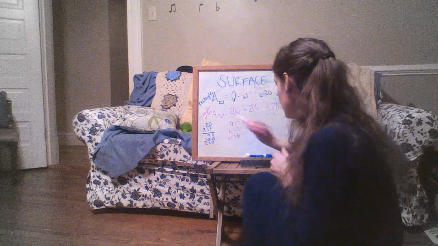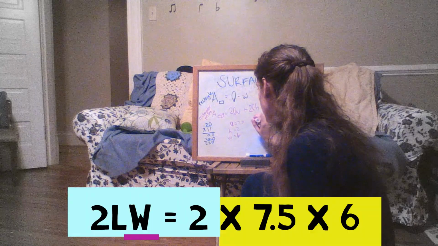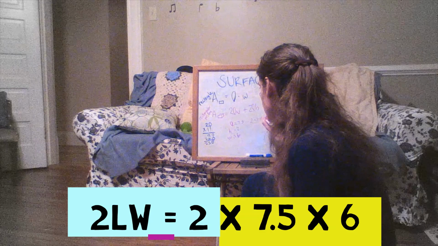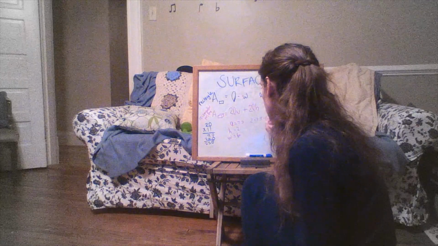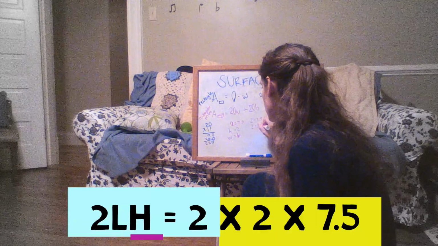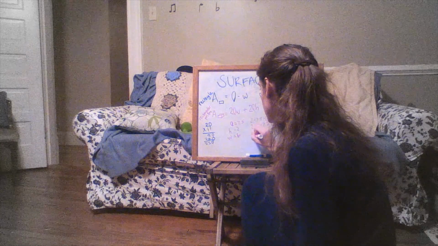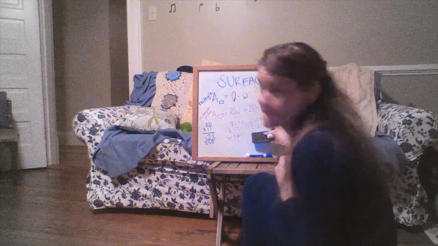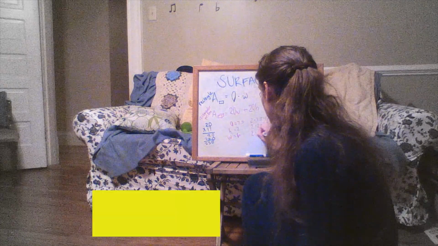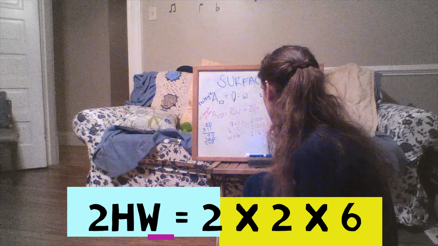Okay, and so now we're going to crunch the numbers here. We've got 2 times 6 times 7.5.